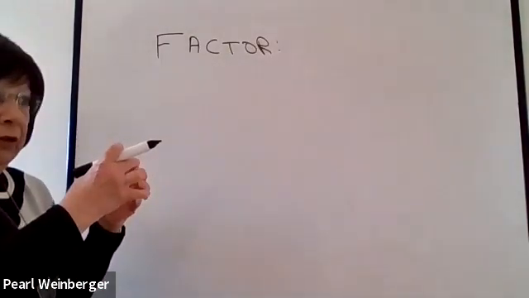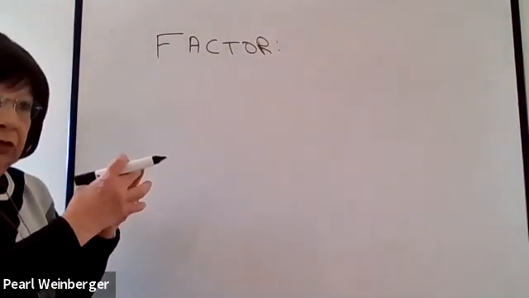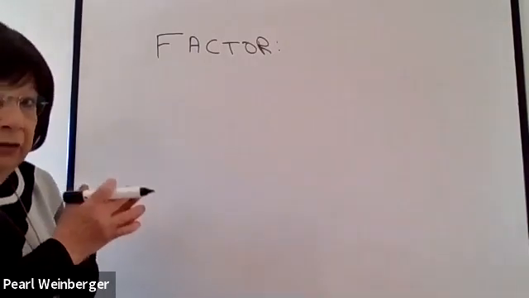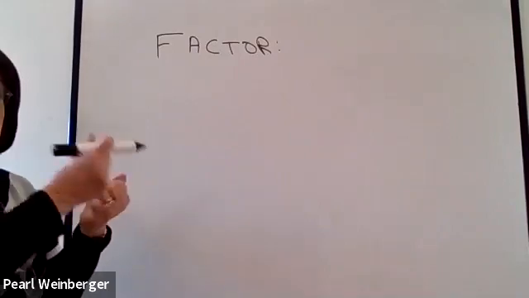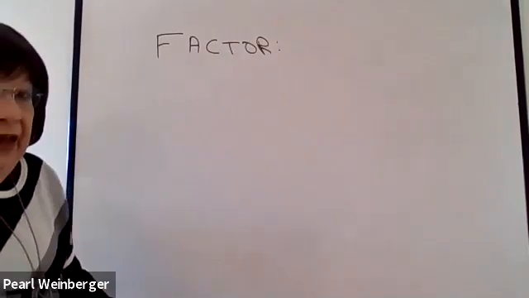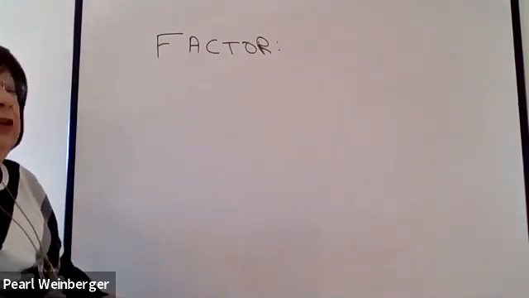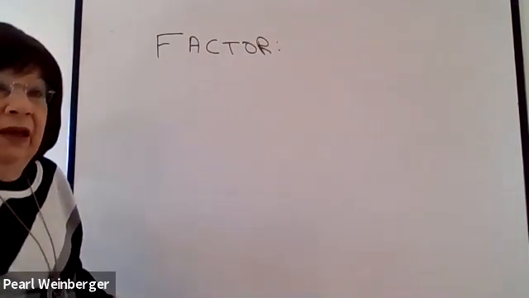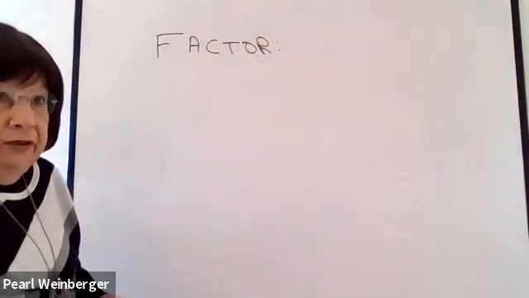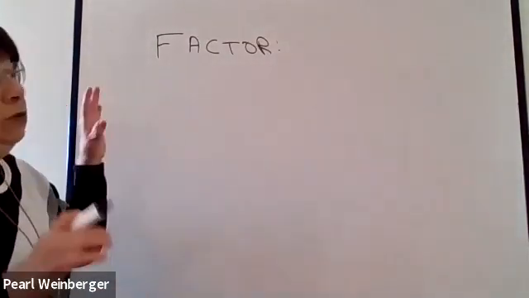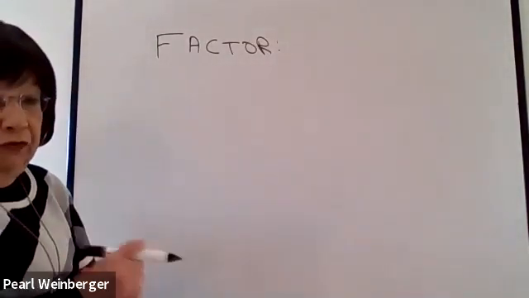But usually the two middle terms, the outer and the inner, are like terms, so we combine them. What I'm going to show you in terms of factoring a trinomial is how to go back to get the four terms that it originally was, so that we can use this grouping method to factor it.